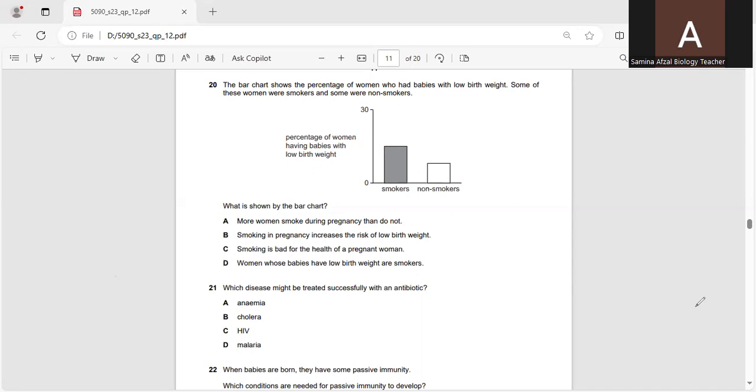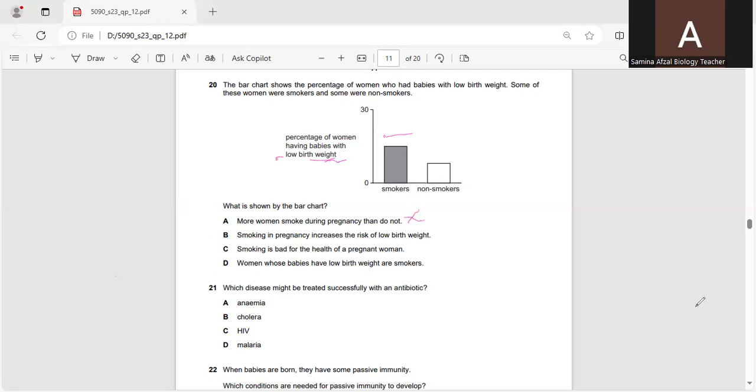These are the percentages of women having babies with low birth weight. So the smokers' percentage is high compared to non-smokers. According to this bar chart, we have to answer the question. More women smoke during pregnancy than do not. No, this is not an answer shown by the chart.